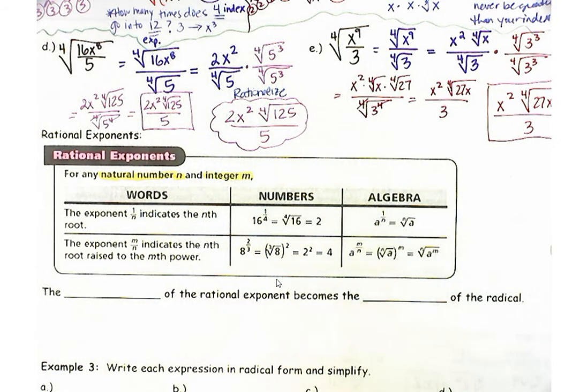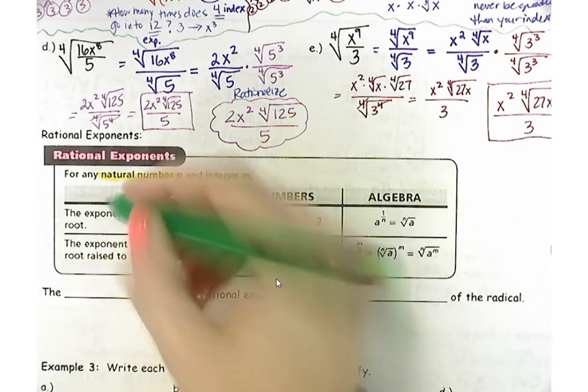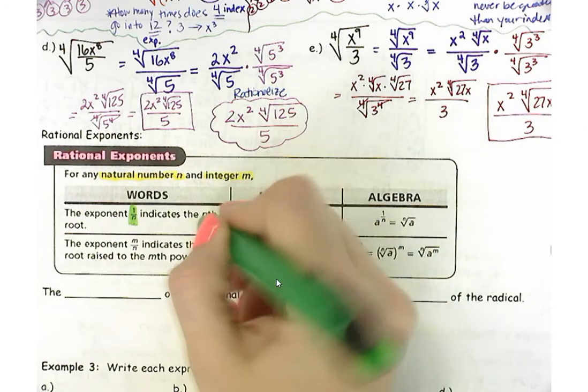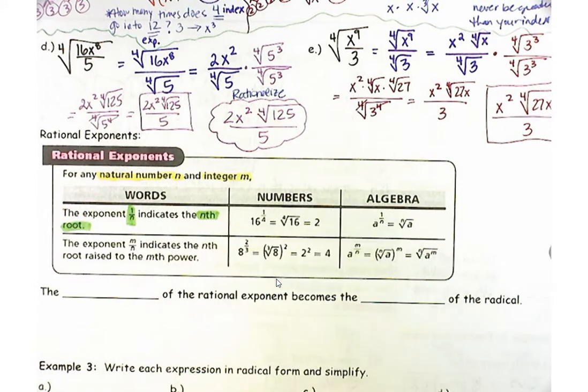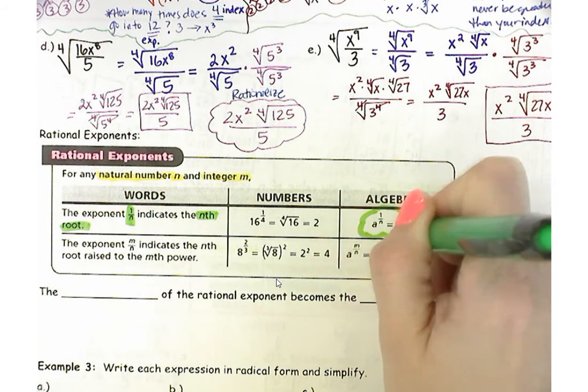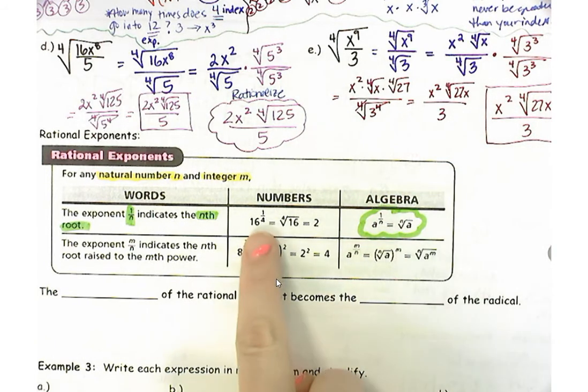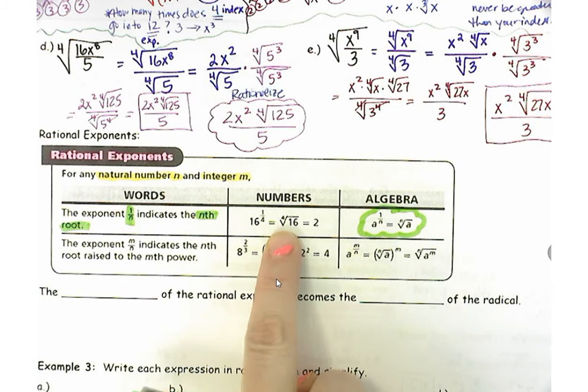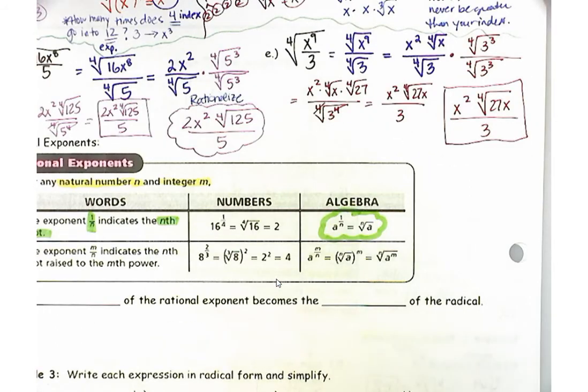Okay, now you're not always going to have a fraction where 1 is the numerator. So that's where the second one comes in. If you have the exponent of m over n, that's going to be the nth root, but you have to raise it to the mth power. Okay, so it's the nth root raised to the mth power. So here's our example.